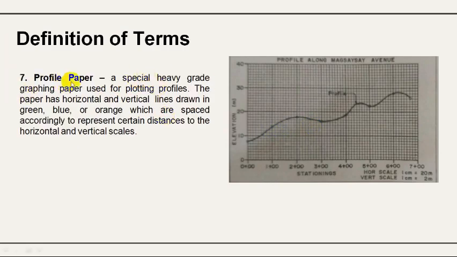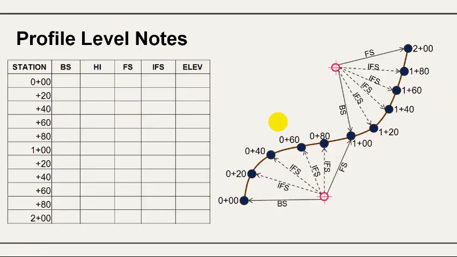Next is profile paper, a special heavy-grade graphing paper used for plotting profiles. So, ang pag-plot natin gamit ang special paper ay gitawag na profile paper. So, sa atong profile level notes, ano siya? It has 6 columns.